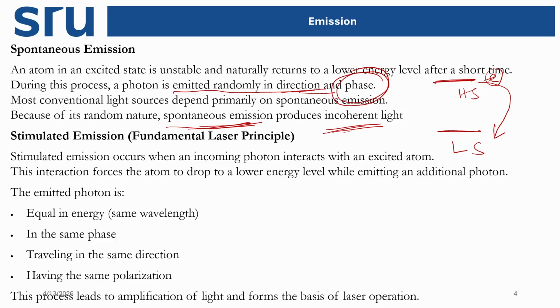Now, the second step: if the photon emission happens in a particular direction, in a coherent way, or in a constant phase, then we call this the stimulated emission process. That is the fundamental mechanism of laser light.